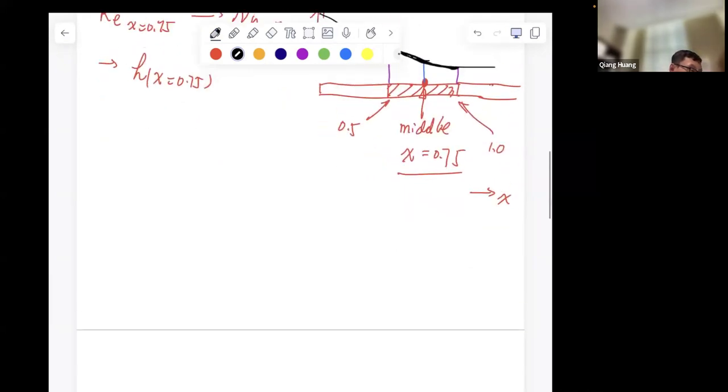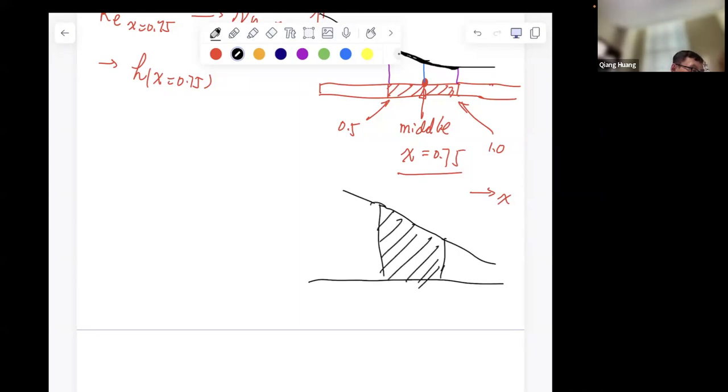If you have a straight line, then the area under the curve will be exactly the same as the area of the blue shape, because the function itself is a linear line.